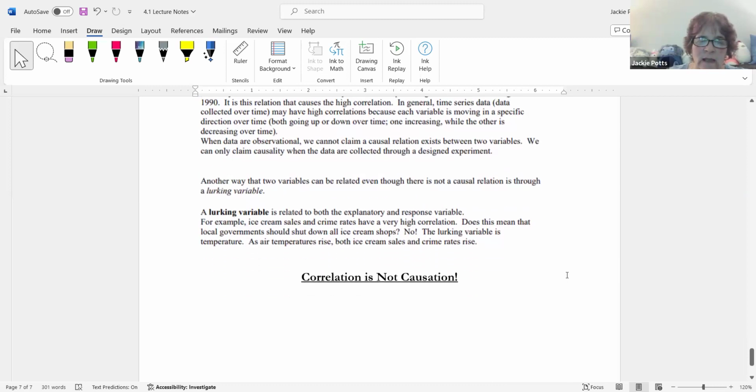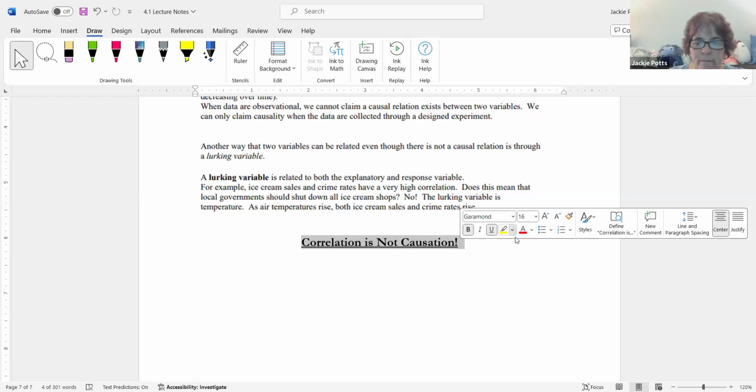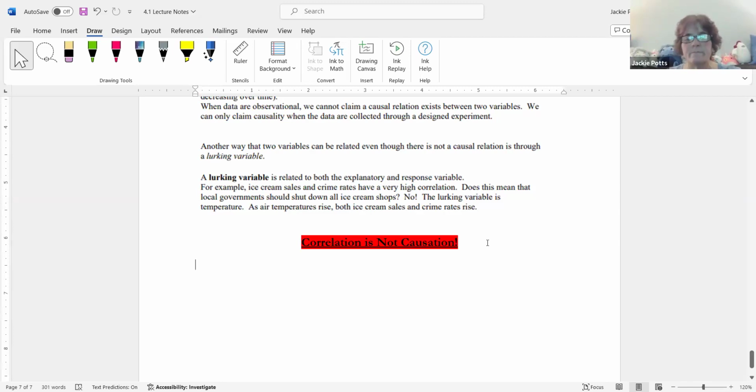the biggest thing that I want to remind everybody, and I can't scream this enough, I'm going to put in red. When you make your final statements, you cannot say causation.